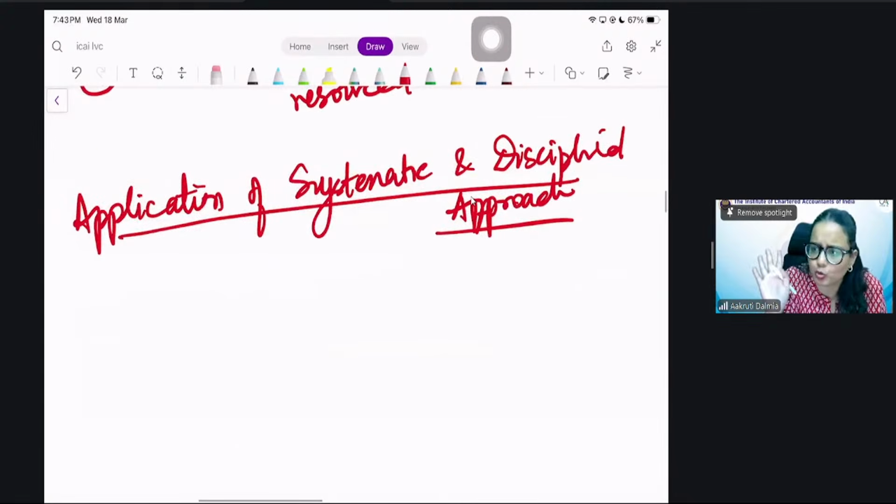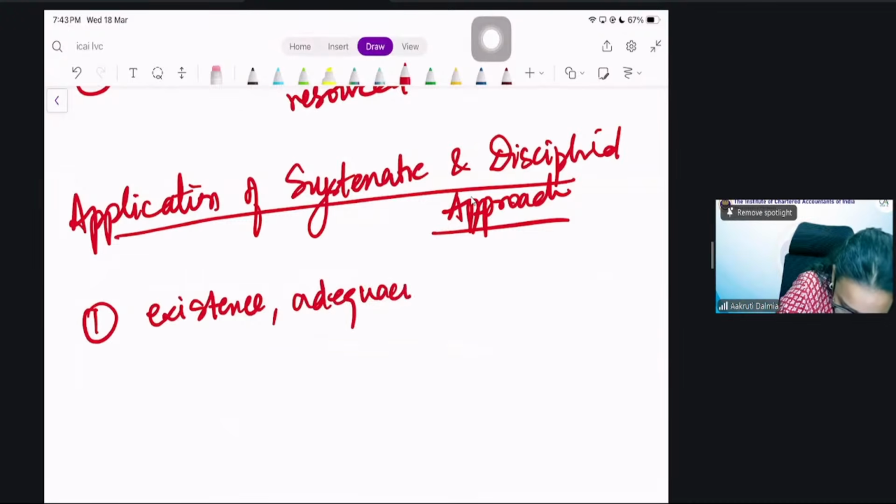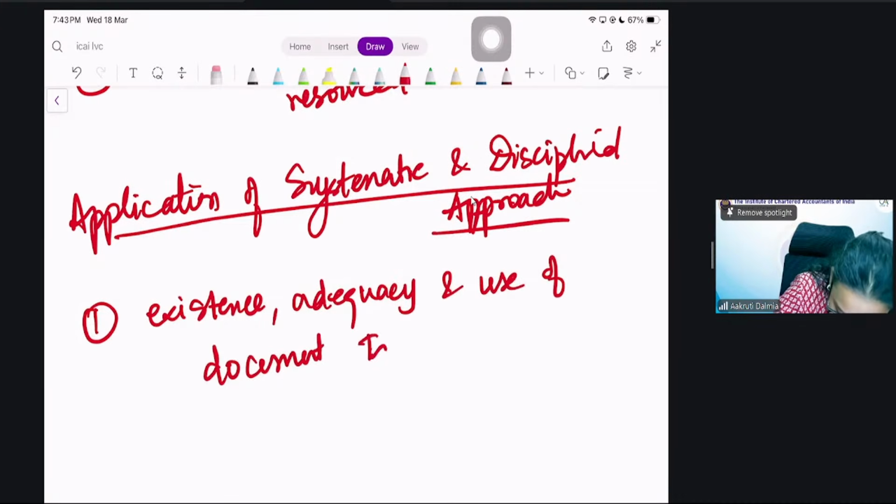You can check this with just 2 factors. The first factor is the existence, adequacy, and use of a proper documented internal audit procedure.